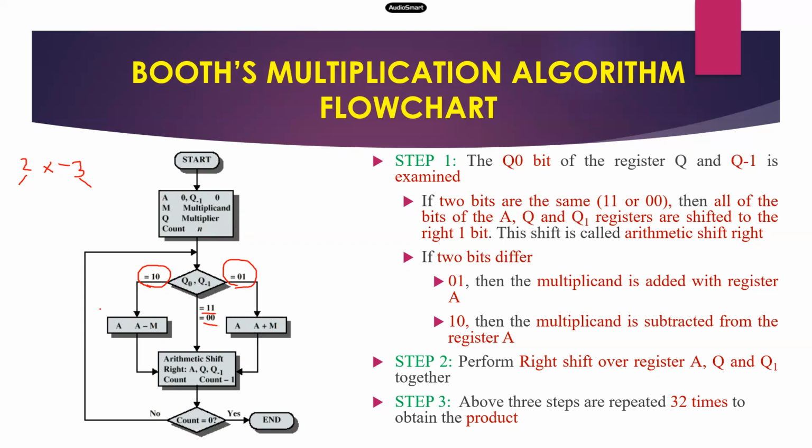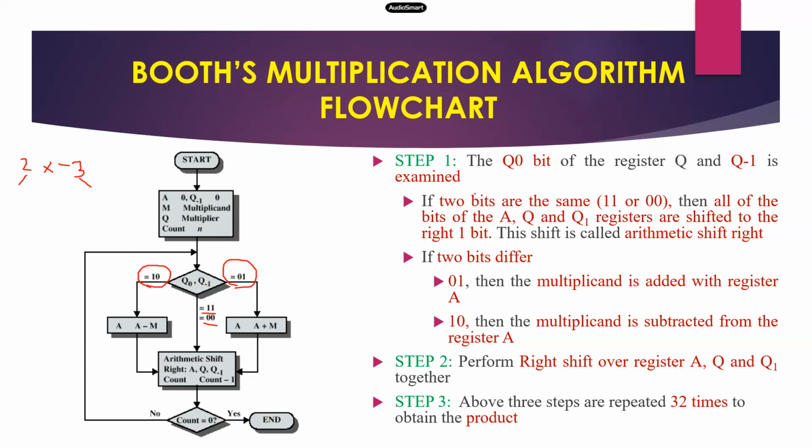So instead of multiplication, with the help of an adder and subtractor, we can do the multiplication operation. That is the concept of Booth multiplication, and the Booth multiplication algorithm is most suitable for negative numbers. Each and every time we have to check whether the count is 0 or not. If it is equal to 0, then stop the process. Otherwise, you have to repeat the same process.